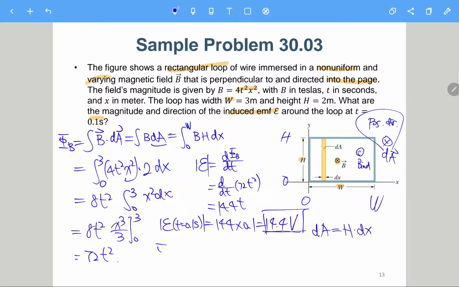Which means the induced current or EMF is counterclockwise by the right hand rule.